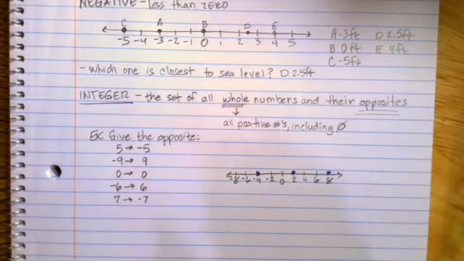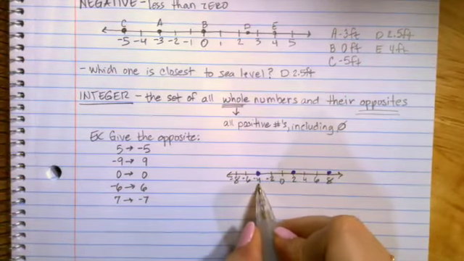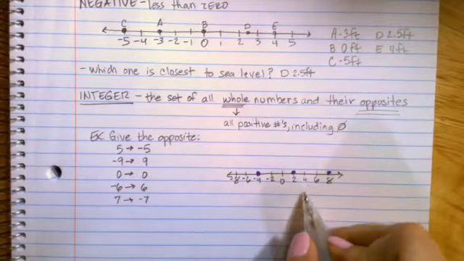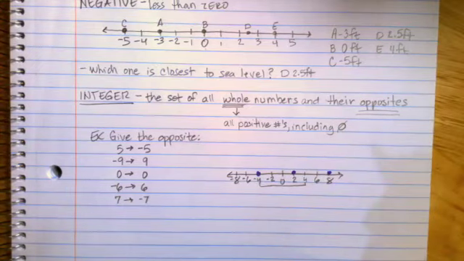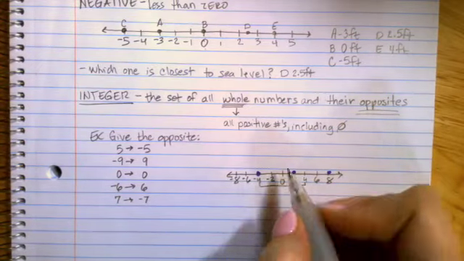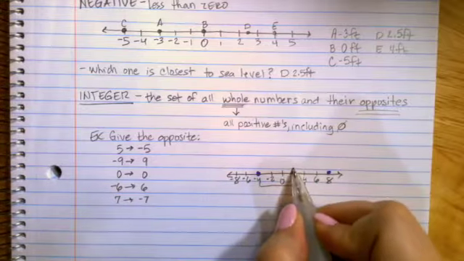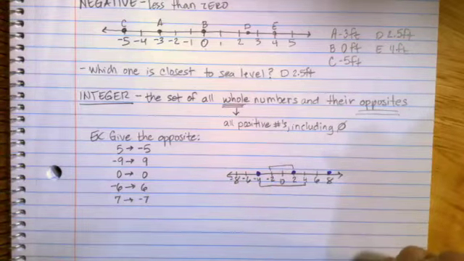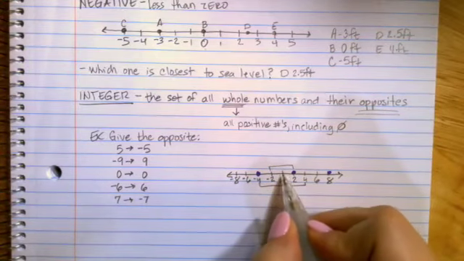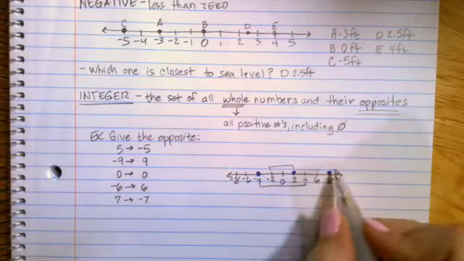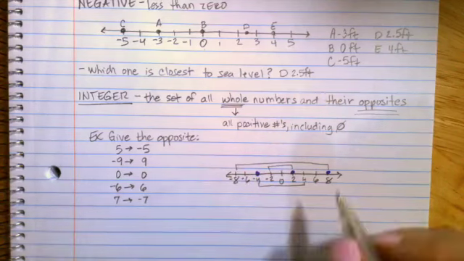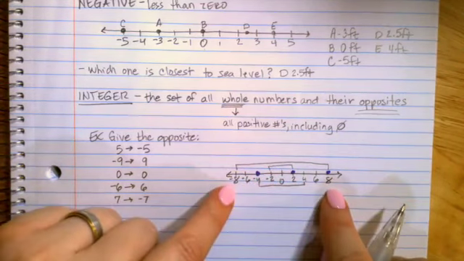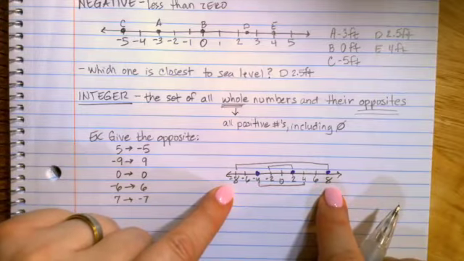So what I want to know is what's the opposite of -4? It would be +4 because they are exactly the same distance from 0 on both sides of 0. Opposite of 2 would be -2 because they're exactly 2 points away on either side of 0. Opposite of 8 is -8 because they are exactly 8 points away from 0, just in opposite directions.